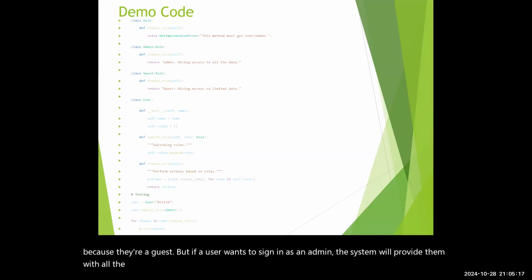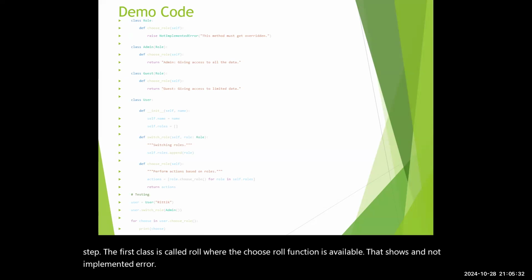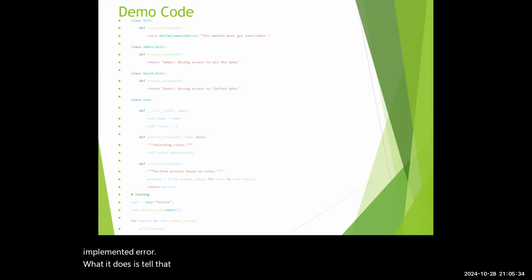Now I'll talk about the code I designed in detail by walking you through each step. The first class is called Role, where the choose role function is available that shows a not implemented error. What it does is tell that every subclass of Role has to override this function to show its own behavior.